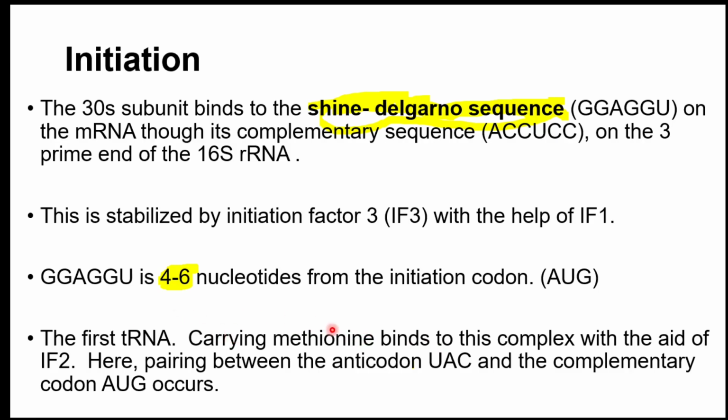The first transfer RNA, carrying the first amino acid, binds to this complex, the combination of ribosomal RNA and messenger RNA, with the aid of initiation factor 2. We see these initiation factors having a key role in stabilizing and making these processes happen. When this happens, there is pairing: the anticodon, which is UAC, binds to the complementary start codon, which is AUG.